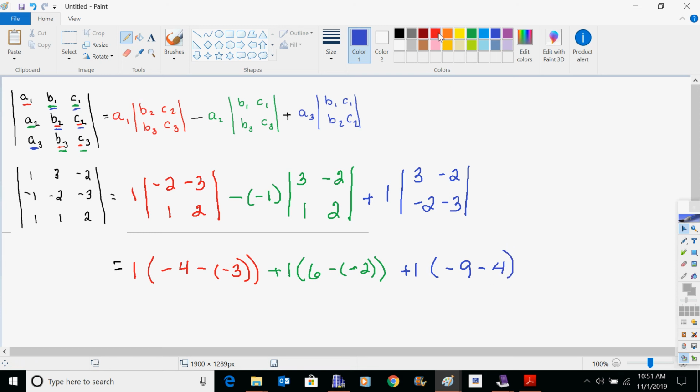And then we can simplify each one of those things. So negative 4 minus negative 3 is negative 1. One times, and we've got a lot of ones here. 6 minus negative 2 is 8.